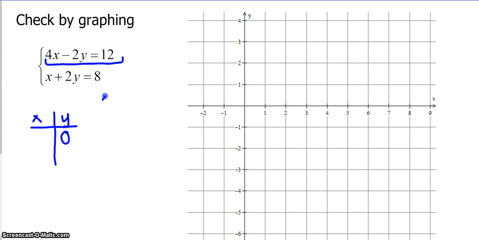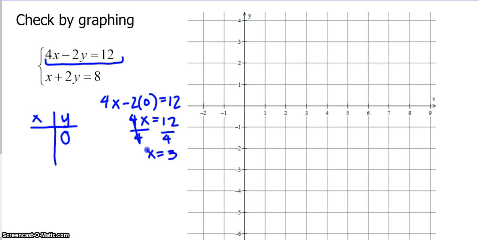When I put a 0 in for y, I end up with 4x equals 12. I divide both sides by 4, and I get x equals 3. So the x-intercept is 3, and we typically say the x-intercept is 3, 0.